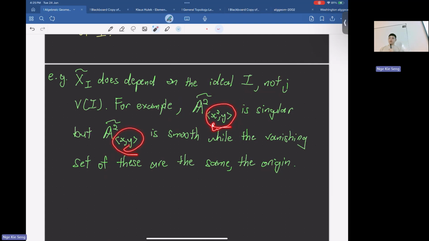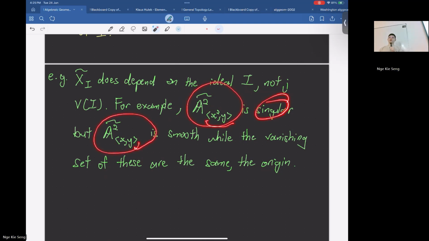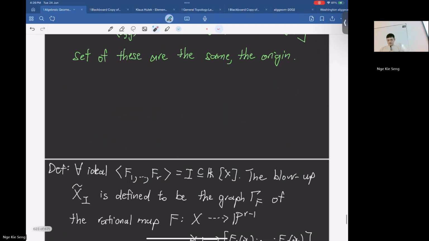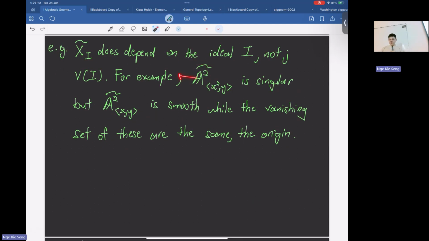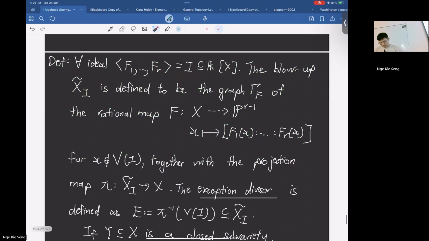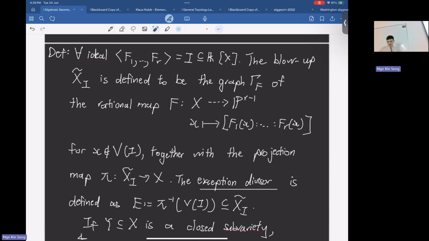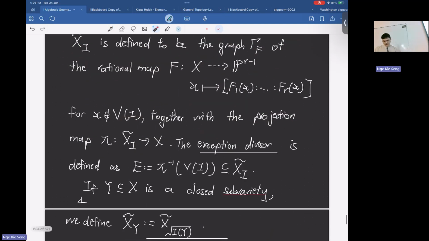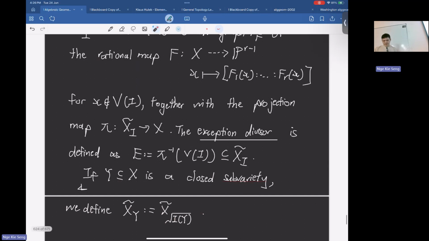You just put an x squared here. But one of them is still singular, the other one already smooth. So this is blowing up once. Maybe if you blow up twice, it becomes smooth. And then you can similarly define the same things.